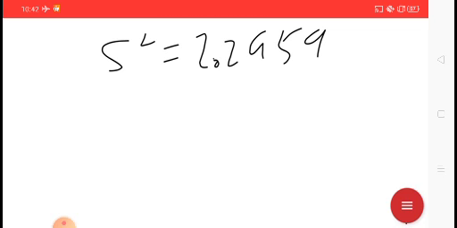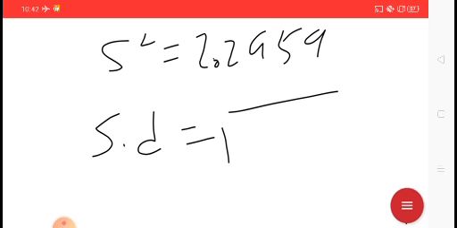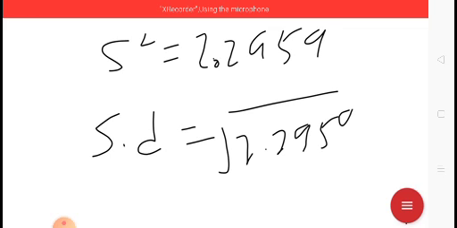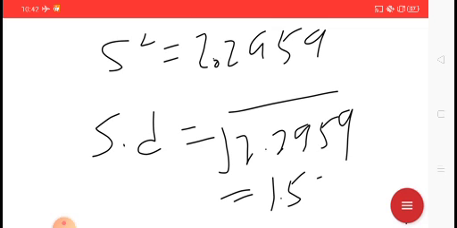Once you have s squared, your standard deviation will be equal to the square root of 2.2959, which will be something like 1.52. So this is for the standard deviation.